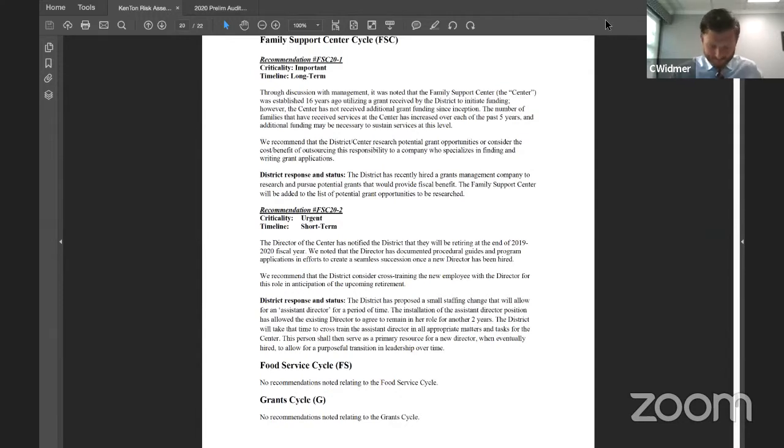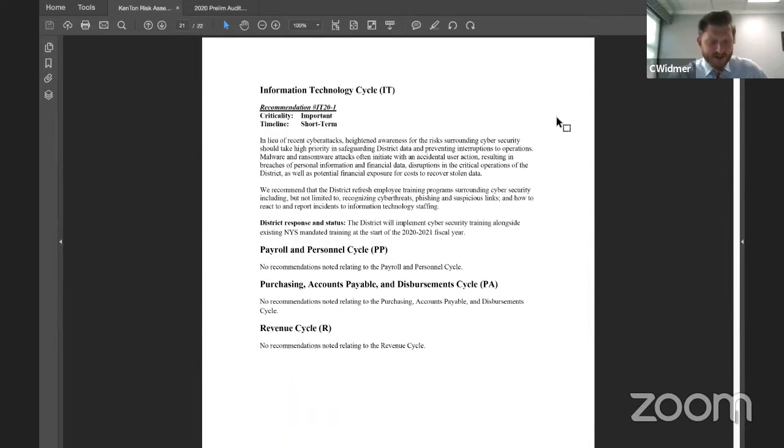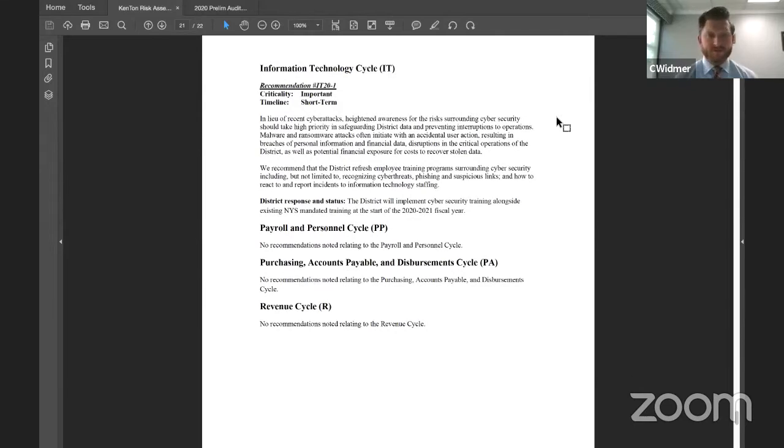The final item on the last page, page 6, is that item regarding IT. This we thought was really just a comment of the times. We've seen the vulnerability of municipalities and school districts, really anybody who has valuable data. They're subject to cybersecurity risks, really, safeguarding data.